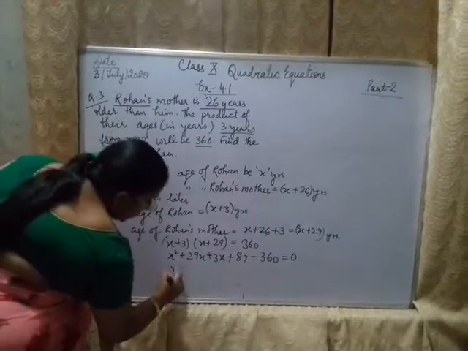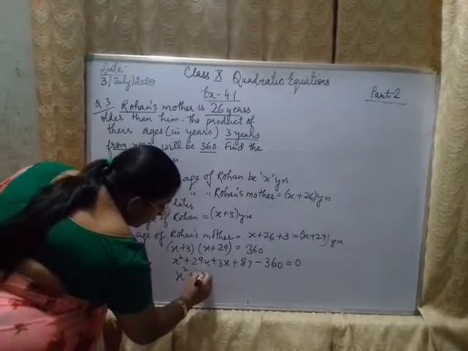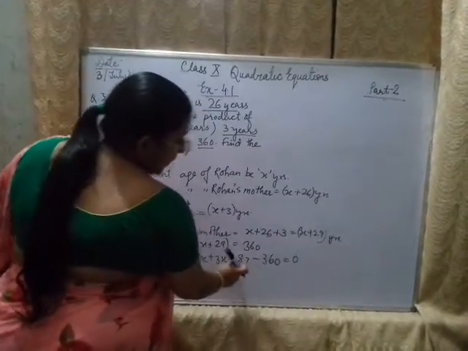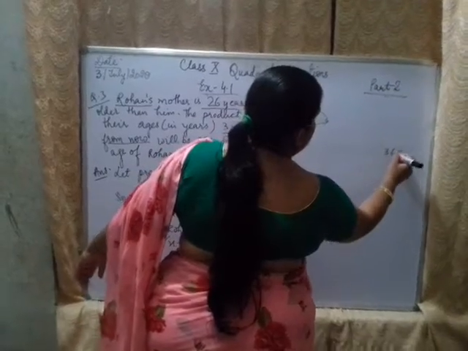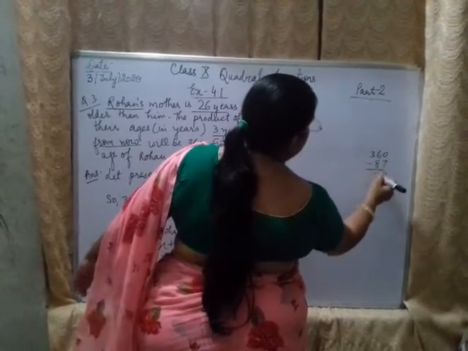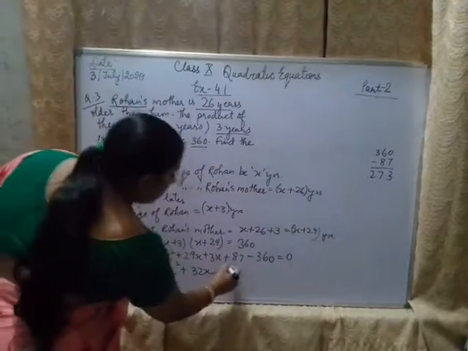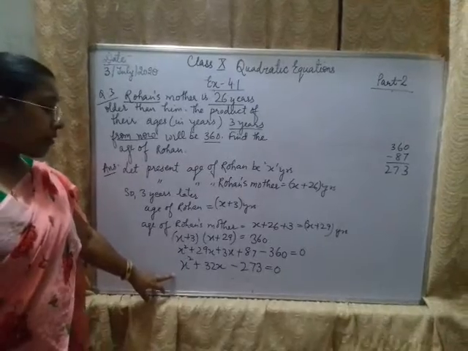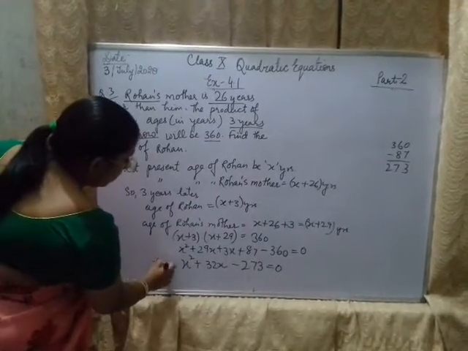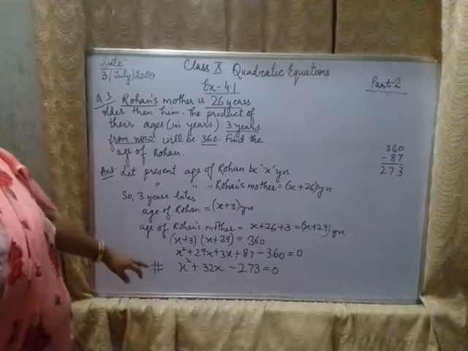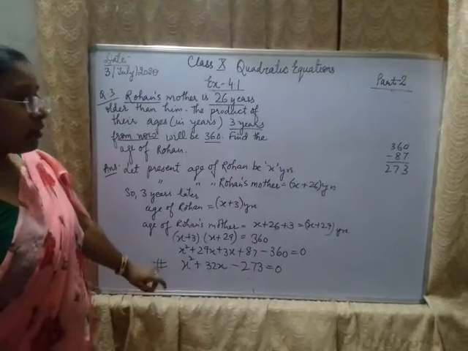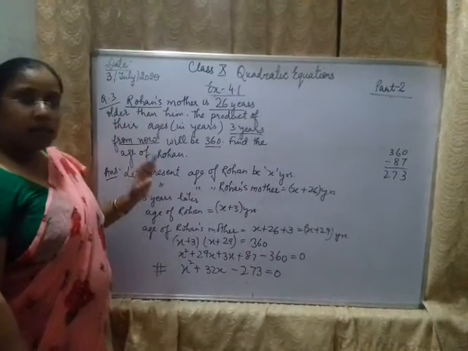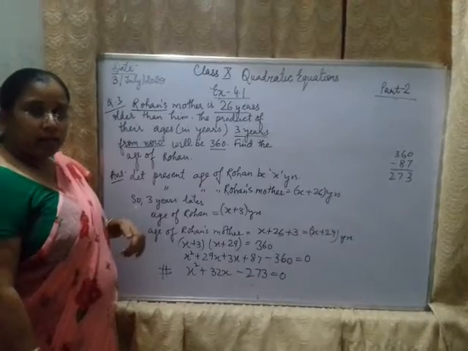Now solving this, we will get x square plus 32x minus 273 is equal to 0, since 87 minus 360 is minus 273. Now this is a quadratic equation which can be solved to find the age of Rohan. After the age of Rohan, his mother's age can be calculated. Is it okay? Done.